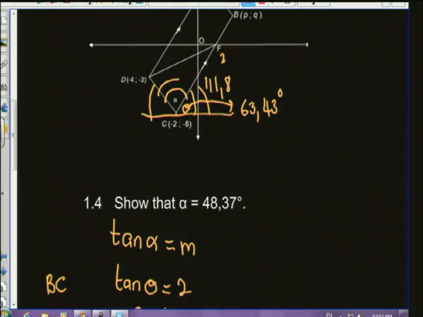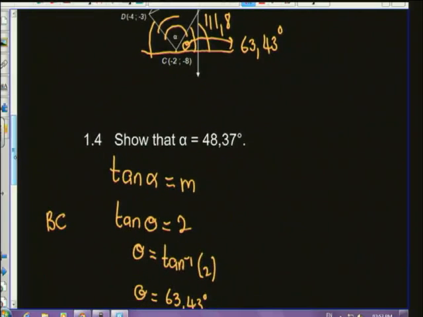So this here is 111.8. So now in order to work out alpha finally, we can take this big angle, this is 111.8, and subtract 63.43. Okay, so allow me to write that here.